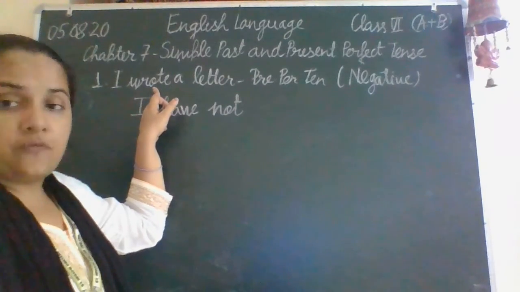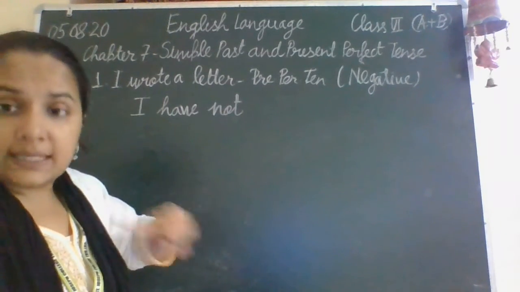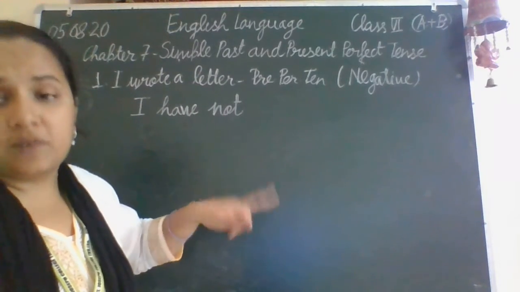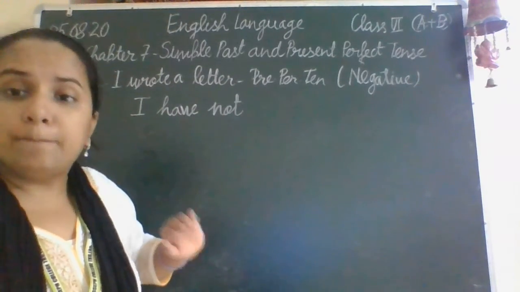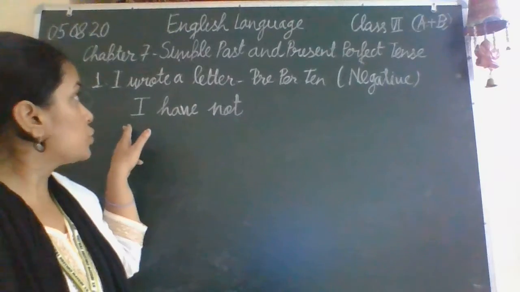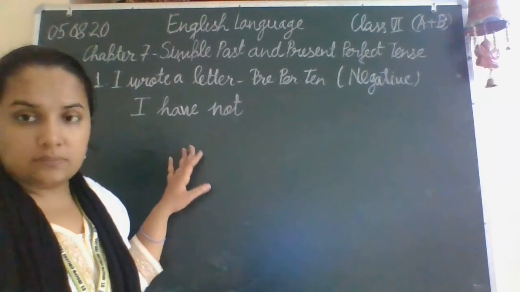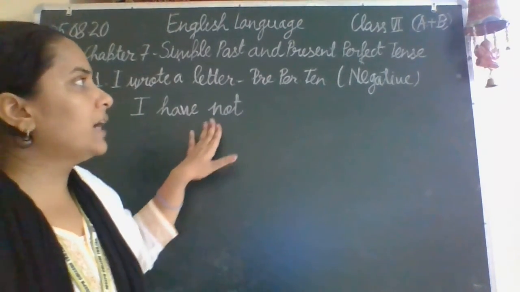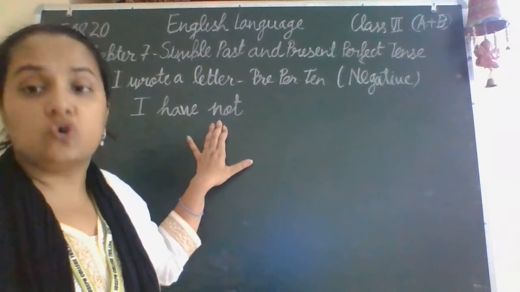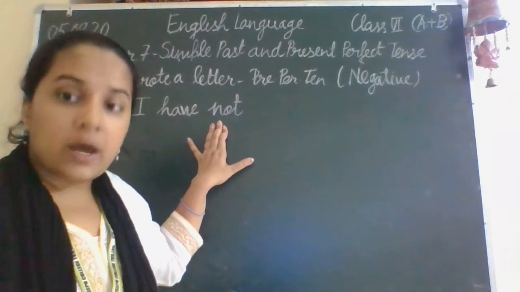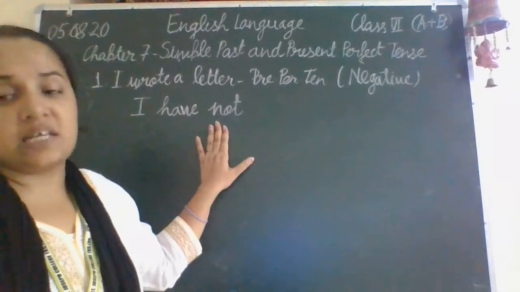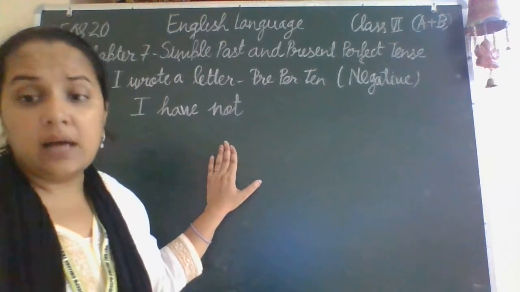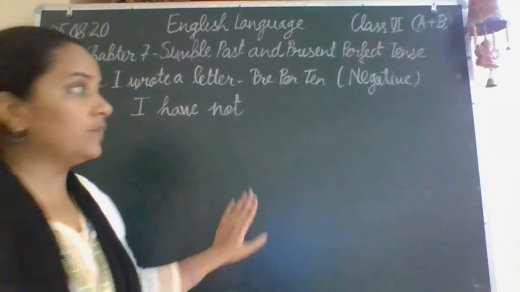Wrote is the second form and write is the first form of the verb, or you can say the base form. So the verb is write, but here we are changing the sentence into present perfect. And in the present perfect tense, we always use the third form of the verb.